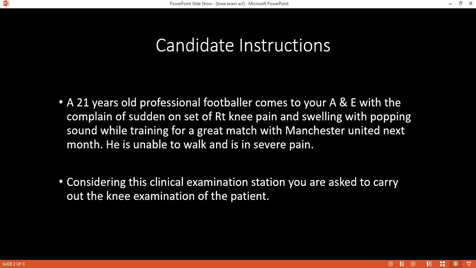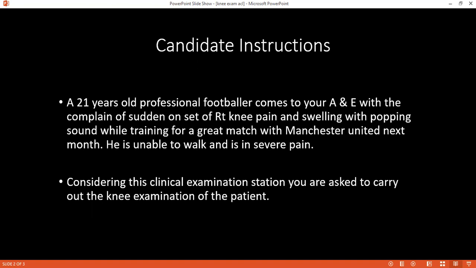Additionally, I'll perform the valgus and varus movements to check for medial and lateral collateral ligament injury. And then I'll check the patella for any tenderness over patellar movements and any pain.